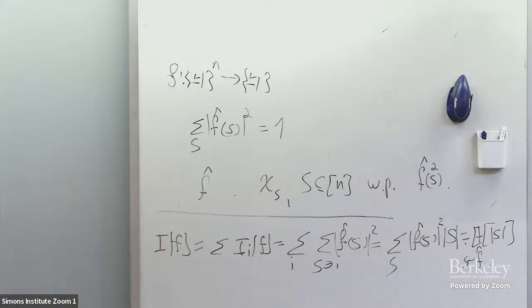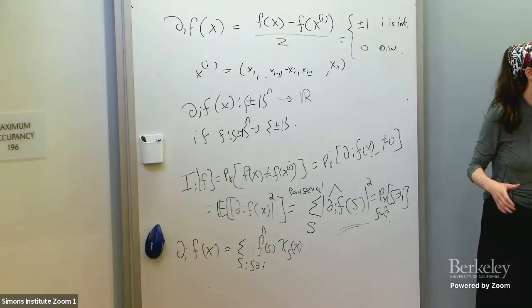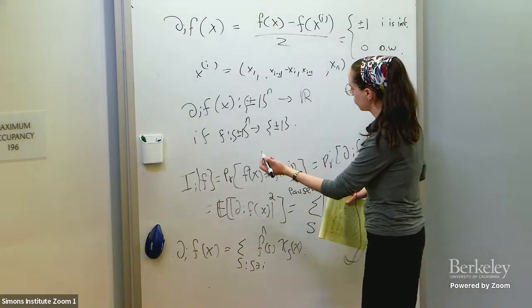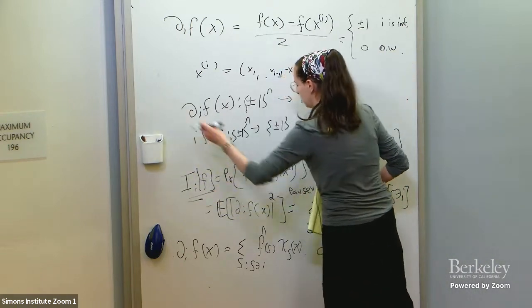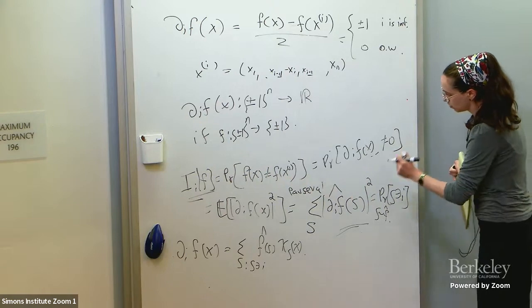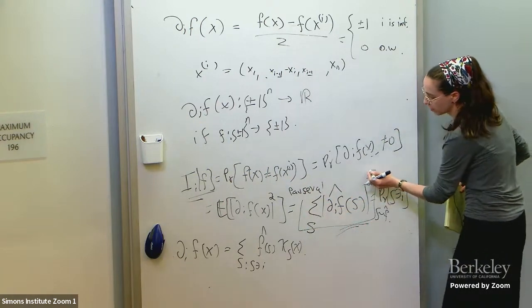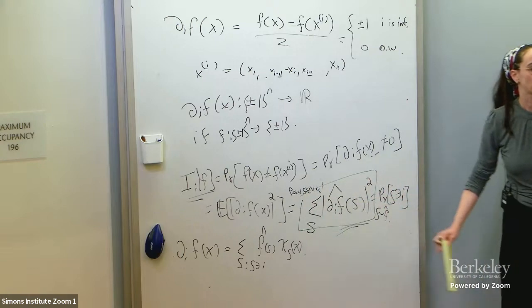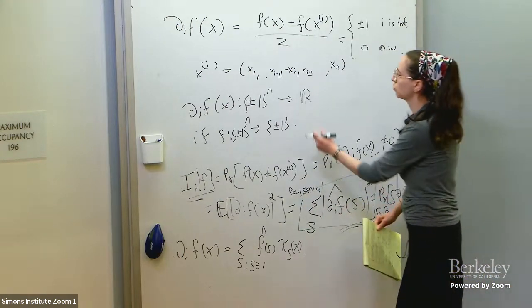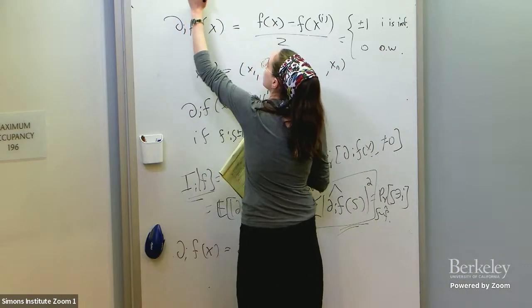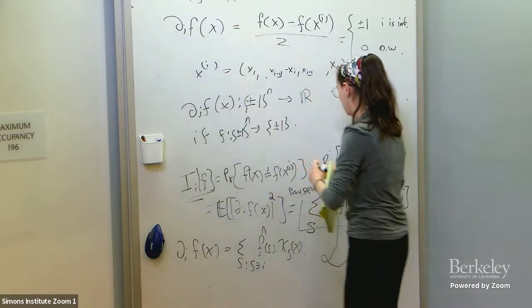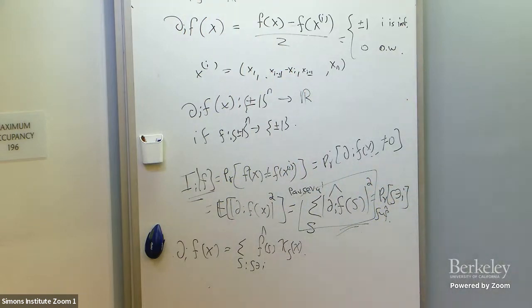Now one thing, everything that we did up to now was for Boolean functions with values plus minus 1, but we can now take the influence to be defined just as its Fourier representation, and can work for every function that goes to R. And also the total influence remains the same definition.